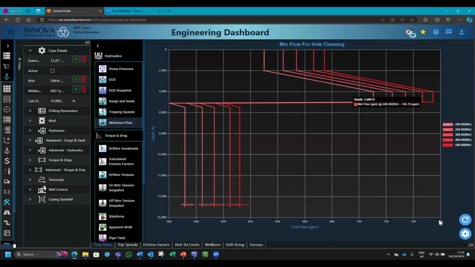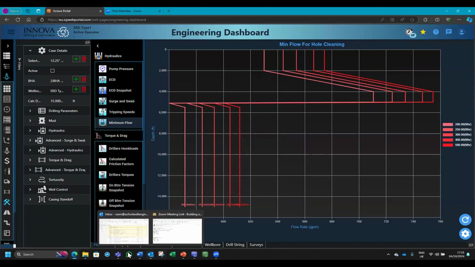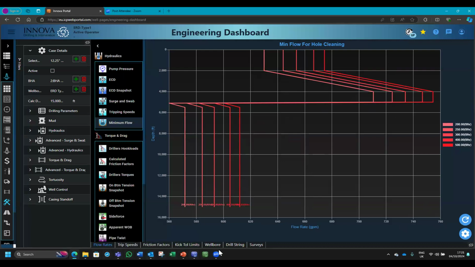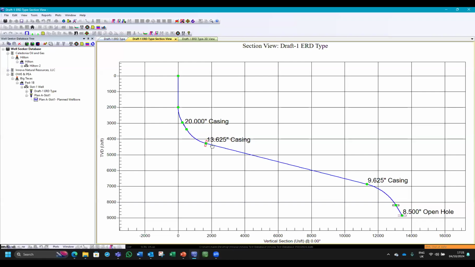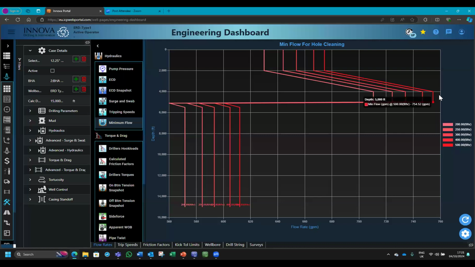So my flow rate should be 760 so that all these cuttings will go up, and also it should be above that number, so my cuttings will not be stopping at the casing. When I say at the casing, I'm referring to this place. This is the place where I am having a cutting transportation problem unless I bring my flow rate to 760. So it's a very strange setup, but very common as well for ERD.